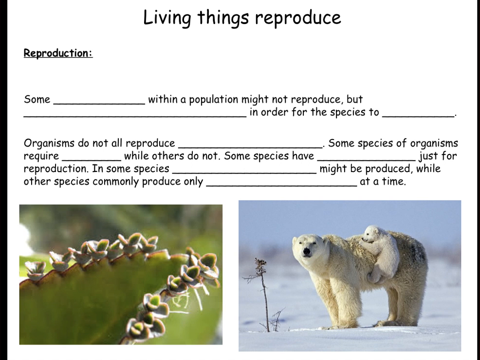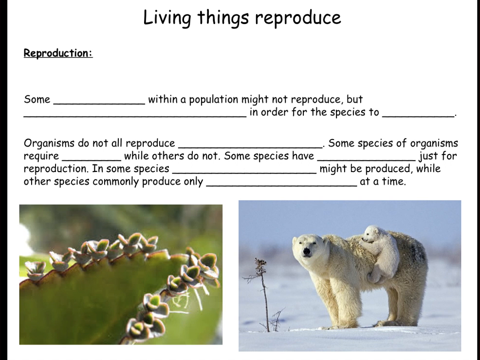The third characteristic of living things is that living things reproduce. Now, I can already feel you giggling because we're talking about reproduction so early in the year. When you're all done giggling, I want you to think very basically about what the word reproduce means.